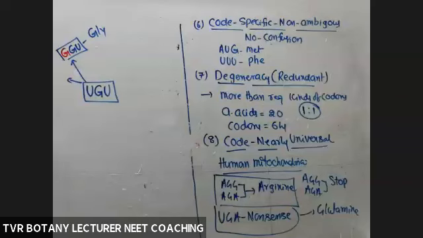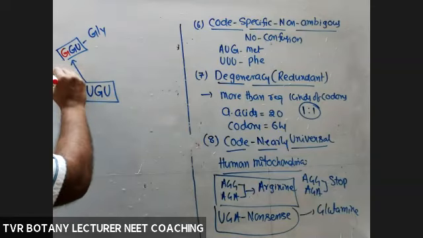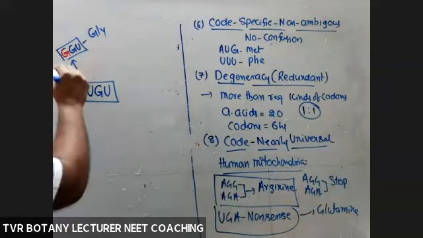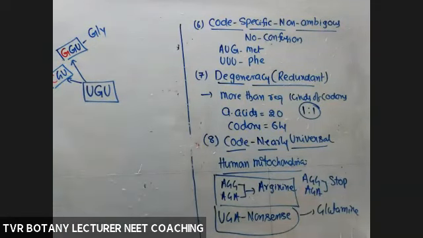Next, replace the first one with a second type of nucleotide. Instead of uracil, C, then GU. This one codes for arginine.